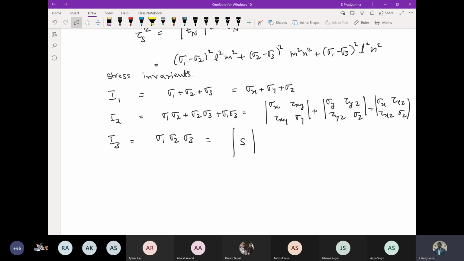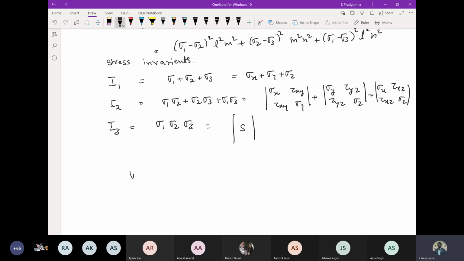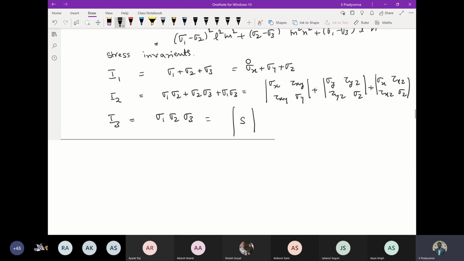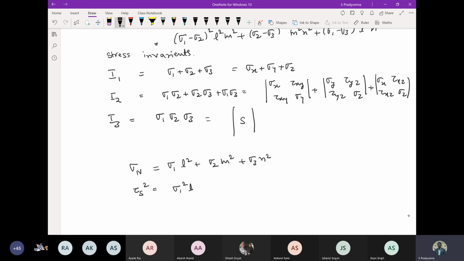Now let us go to another issue here. I'm rewriting this equation: sigma n is equal to sigma 1 L square plus sigma 2 M square plus sigma 3 N square, and tau S square is equal to sigma 1 square L square plus sigma 2 square M square plus sigma 3 square N square minus sigma n square.